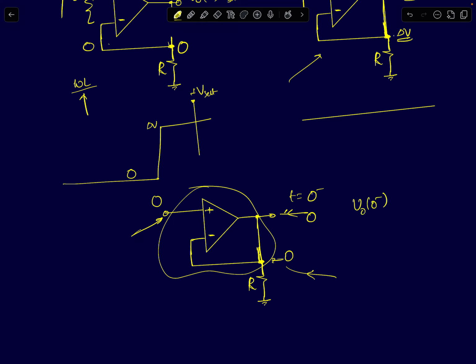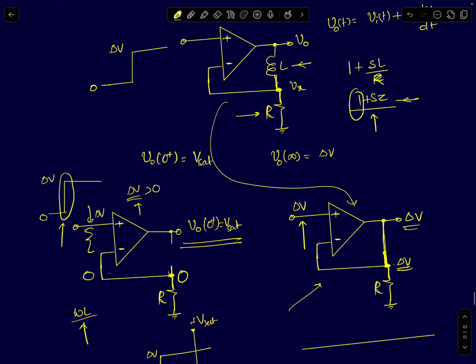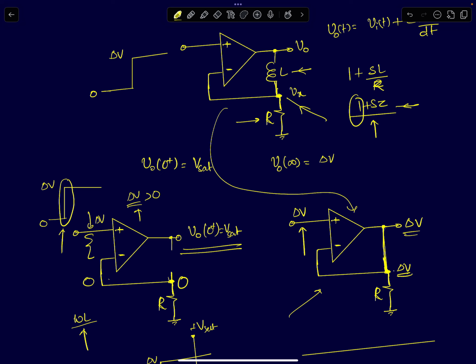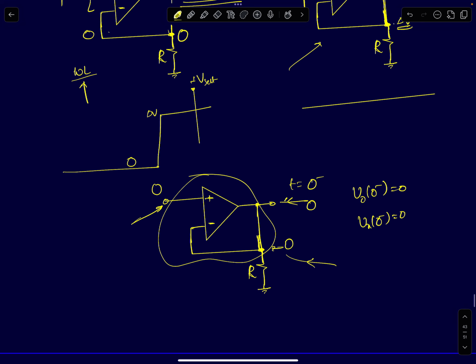So V_o(0-) and Vx(0-) are both at 0 volts. Maybe I forgot to mention, Vx is the node voltage here for this circuit. We will try to find out both the output node voltage and the inverting node voltage, right? Both these node voltages contain all the information that you need to know about the circuit.